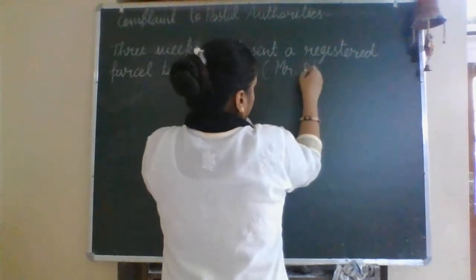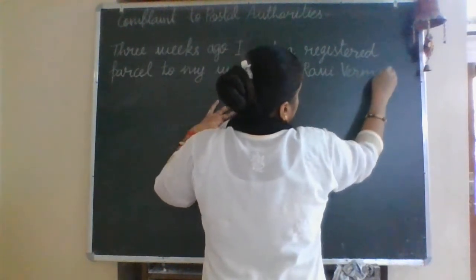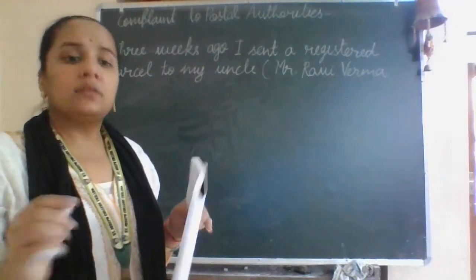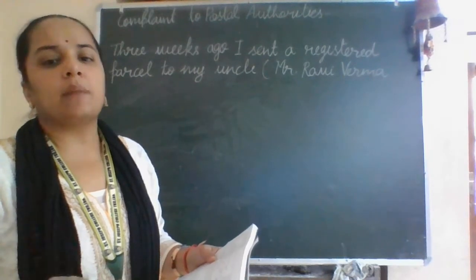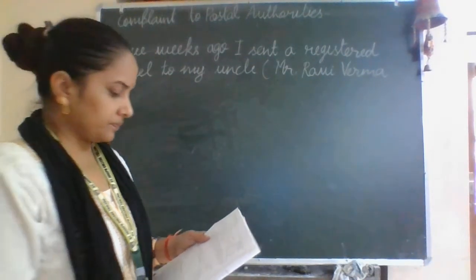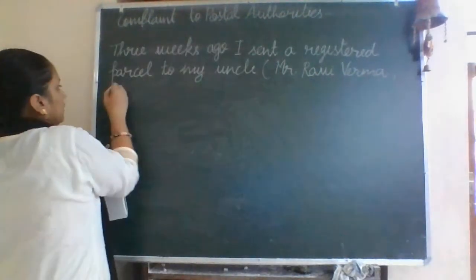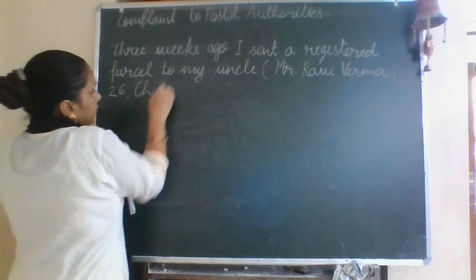The name in the bracket, the name of the uncle. This is the body of the letter, so you can write the way you want to write, the way you form your sentences, but the sentences must be grammatically correct. Then the address.